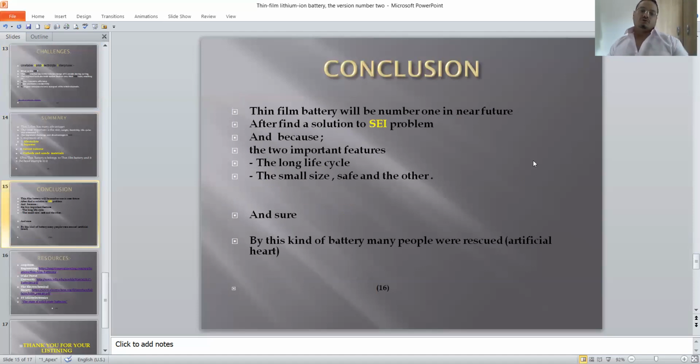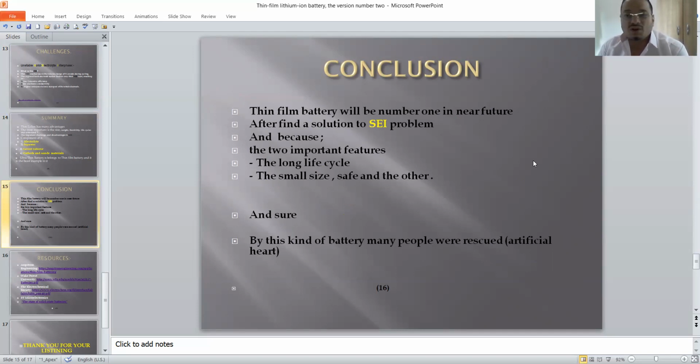Now let's talk about the conclusion. Thin film battery will be number one in the near future, after, sure, this condition, let's focus on this: after finding a solution to the SEI problem, or if we can put a limit to this disadvantage, this kind of battery will be number one.